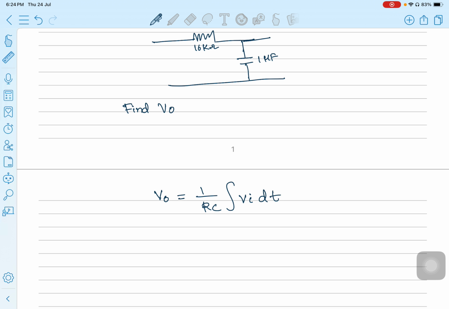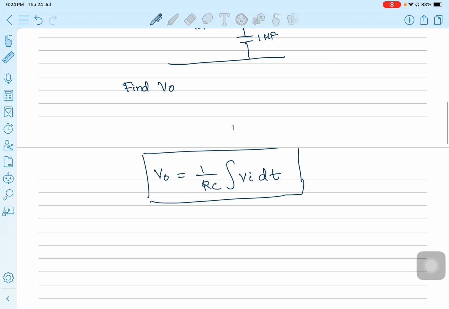The output voltage is an integral of the input voltage, and we have 1 by RC as a constant. This is the standard equation for the integrator. When it comes to the differentiator, you will get RC into d by dt of Vi, which is a derivative.